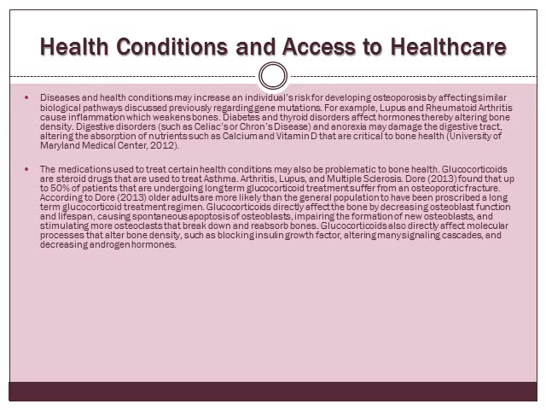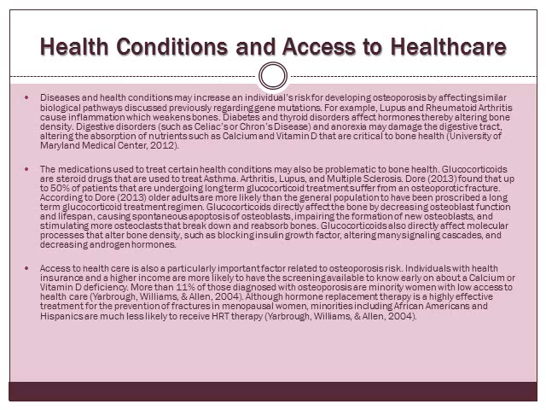It impairs the formation of new osteoblast cells and stimulates more osteoclasts that break down and reabsorb bone. Glucocorticoids also directly affect molecular processes which alter bone density, and those processes include blocking the insulin growth factor, altering many different signaling cascades, and decreasing androgen hormones.